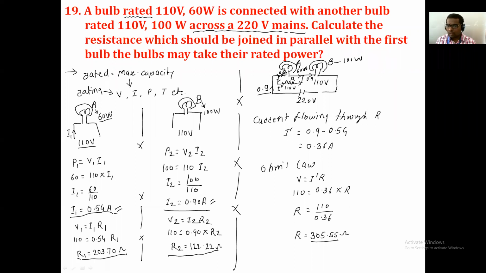ठीक आहे. So that expectation or the specification of both the lamps will be working, and that is the last sentence, the bulbs may take their rated power. कारण त्या दोन्ही बल्बनं त्यांचं जेवढं रेटिंग आहे पॉवरच्या बाबतीमध्ये ते त्यांनी घेतलं पाहिजे. म्हणजे ए बल्बनं 60 वॅट घेतलंच पाहिजे, बी बल्बनं 100 वॅट घेतलंच पाहिजे. म्हणजे ए बल्बमधून 0.54 एवढा करंट गेलाच पाहिजे आणि बी बल्बमधून 0.9 एवढा करंट गेलाच पाहिजे. त्याच्यासाठी आपण पॅरलल सर्किटचा एक कन्सेप्ट यूज केला, and that parallel resistance R needs to be connected to bulb A so that the entire circuit will work as per expectation.